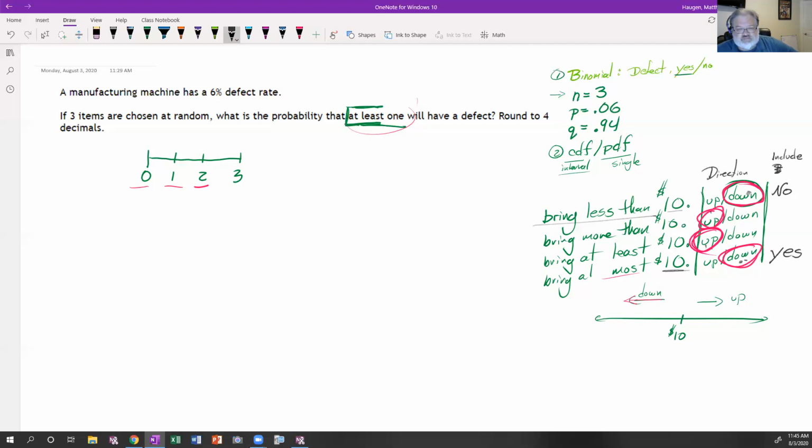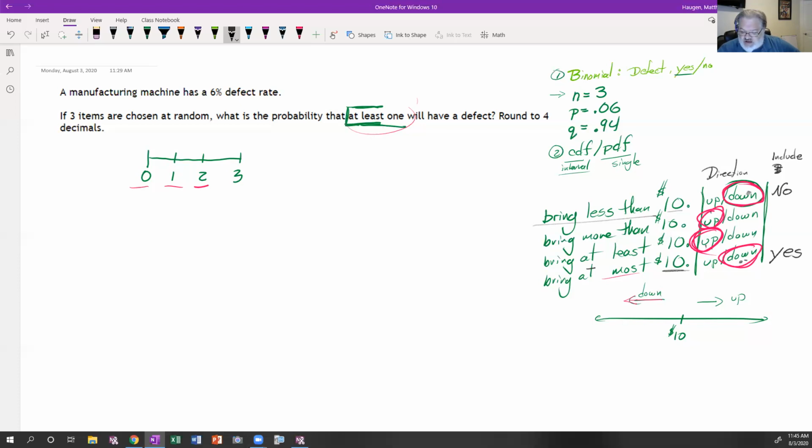Fair? So this at most language is essentially a version of bring less than or equal to $10. Just people don't say less than or equal to in their daily lives. But at most or at least, we do tend to say. Fair?